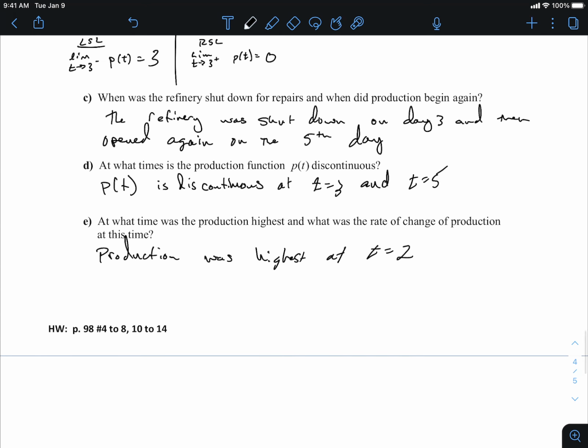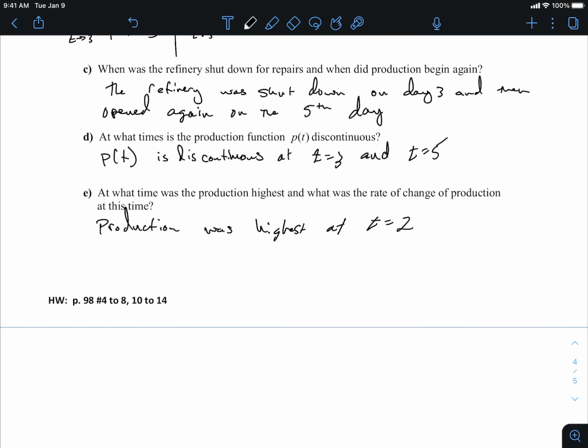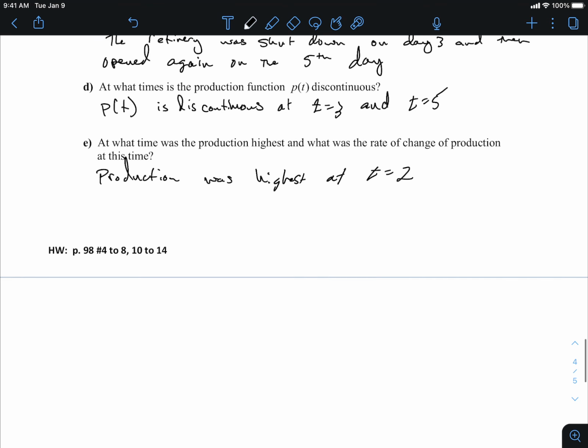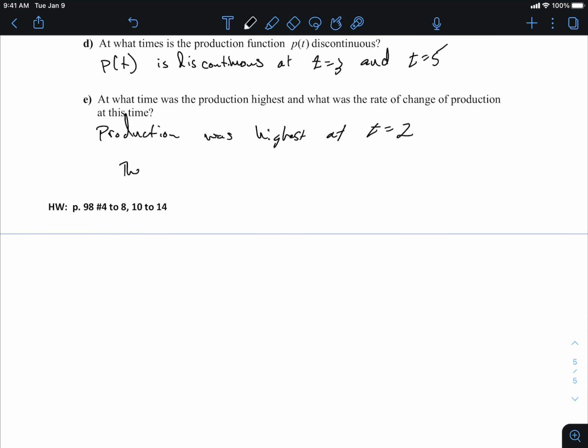That's reminding me of a quadratic graph where we found the maximum of something, like the maximum height of a ball reached, its slope at that maximum height was 0, right? So the rate of change at t equals 2 was 0.